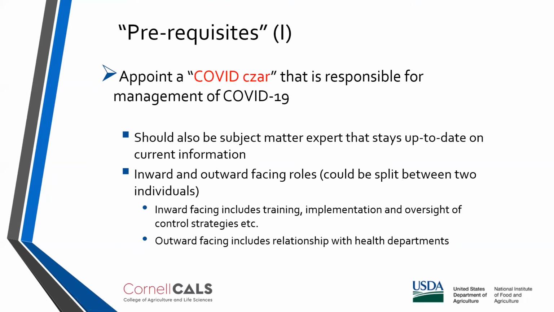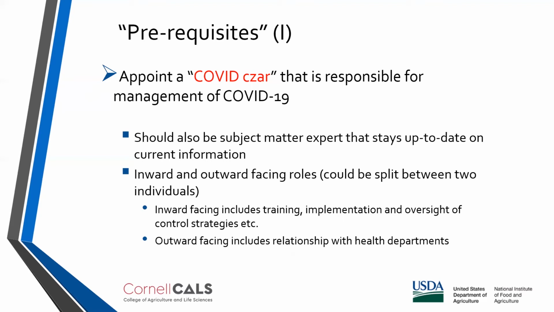But just like HACCP and other food safety systems, before we focus on verification and validation of these control strategies, we need to have certain prerequisites in place. Think of these as prerequisite programs. One that I would suggest is to have a COVID czar, a person that is responsible for management of COVID-19.